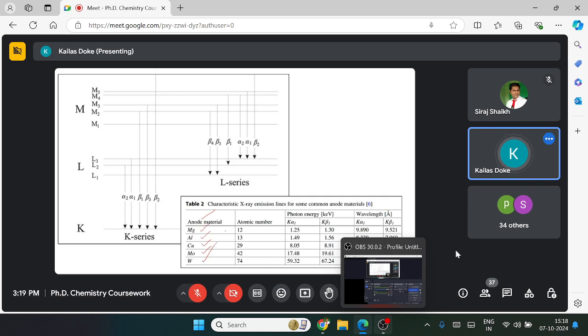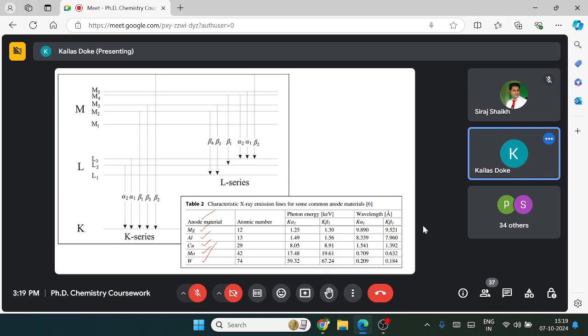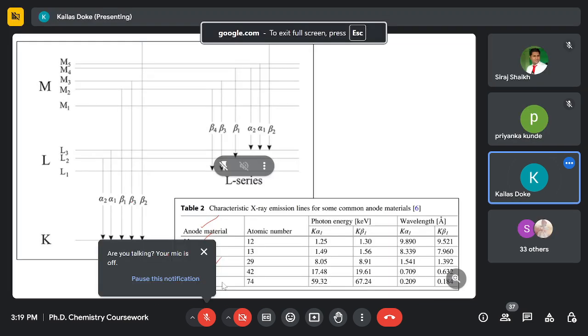Accordingly, the energies and wavelengths of K alpha 1, K alpha 2 or K beta 1 are given. What alpha 1 and alpha 2 mean is also shown in the energy level diagrams. You can find this in any reference book, textbook or internet material.